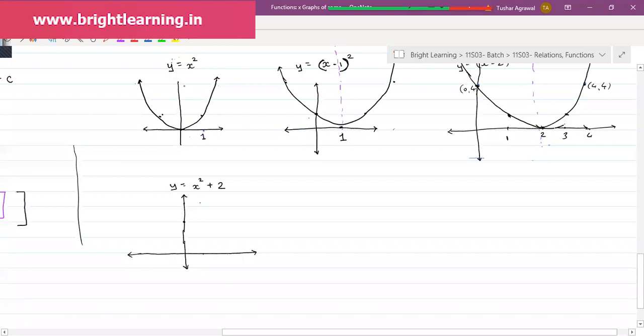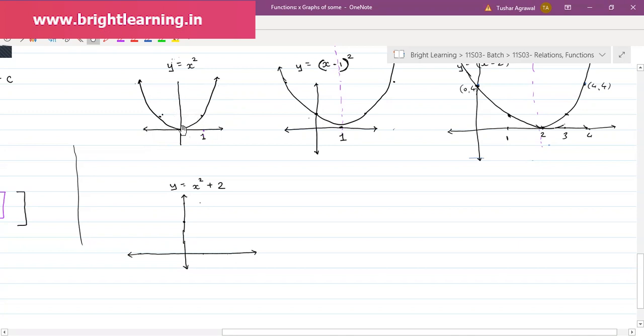The original graph shape we know, in that original y you have to add 2 at each and every point. Original y plus 2, original y plus 2, original y plus 2.